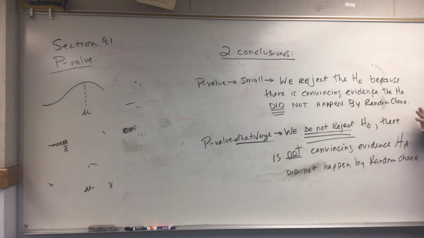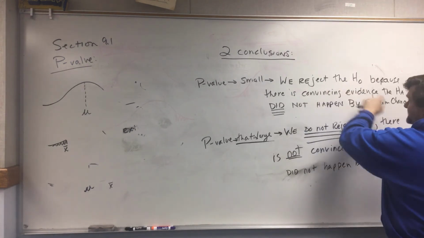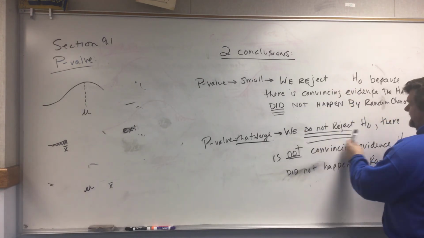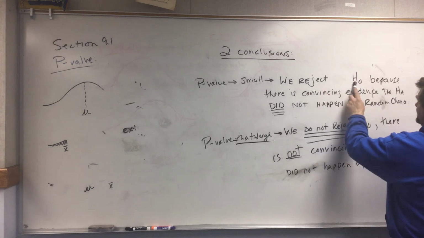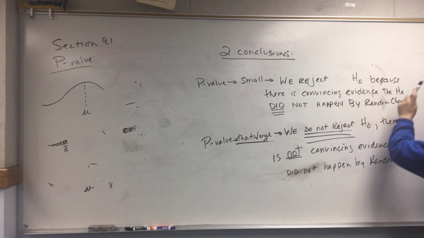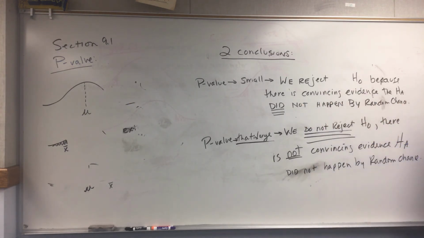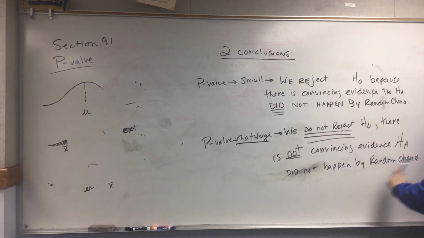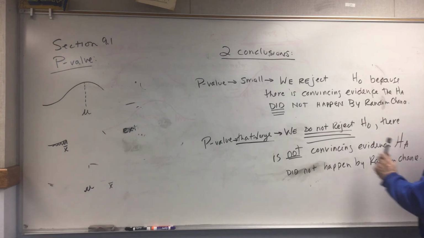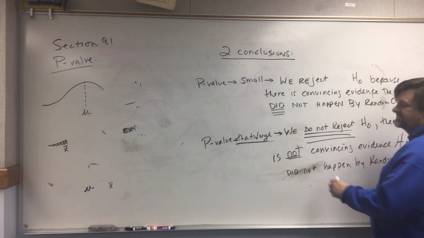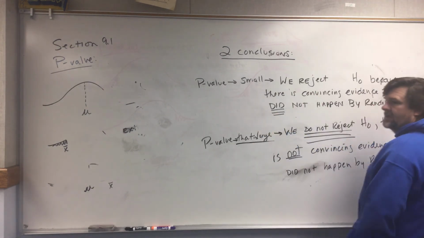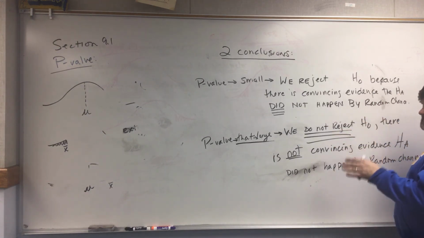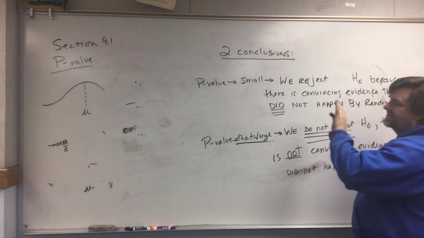Perfect wording is always we reject H of O, or we do not reject H of O. We reject H of O when there's convincing evidence that H of A did not happen by random chance, and we do not reject H of O when there is not convincing evidence. And it's not convincing evidence when it's not past the significance level. Okay? That's the key piece. The p-value is not past the significance level.